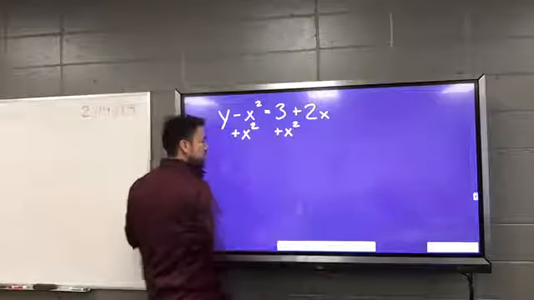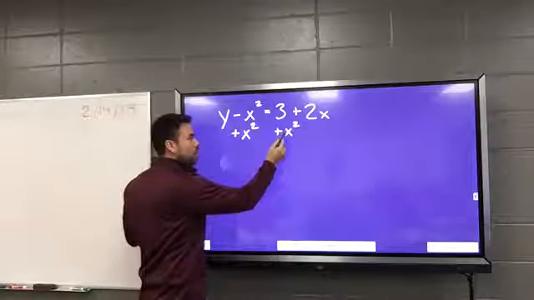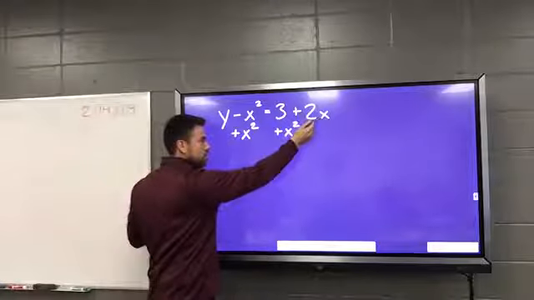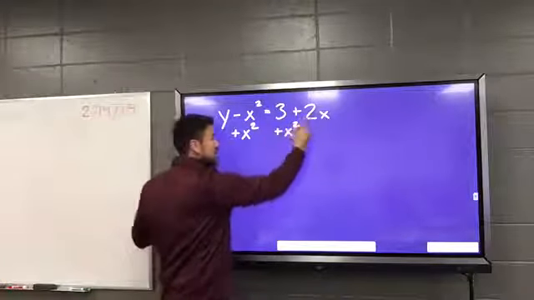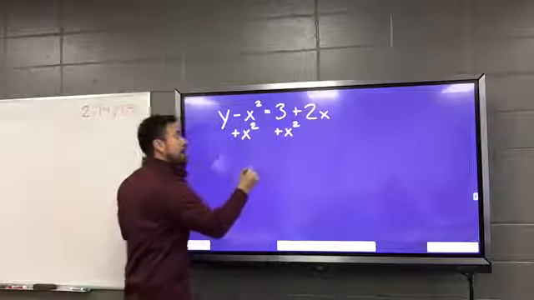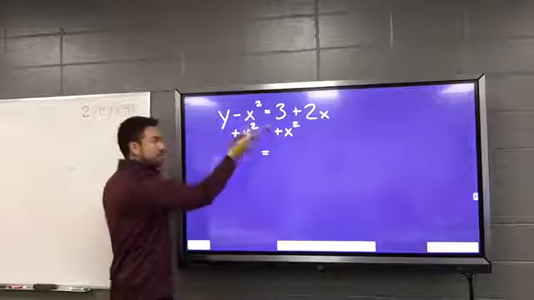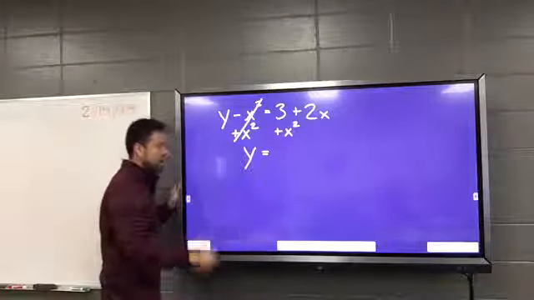Someone had a question in the other class that I'll try to anticipate. Mr. A, why did you put the x squared under the 3? Why wouldn't you put it under the 2x? Well, these are not like terms, but neither would these be. When I write it, you don't have to write it in a specific spot. The reason I write it here is my logic: that cancels out, and I get y. That's a good thing. I want y by itself.